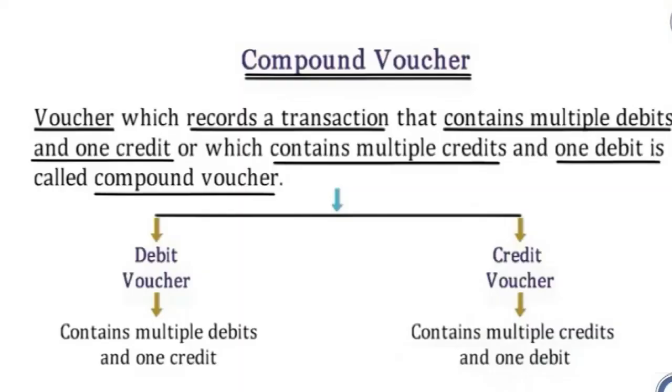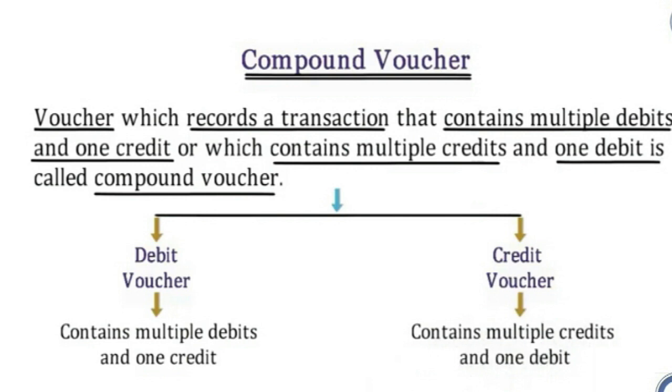Next is the compound voucher. The meaning of that is a voucher which records a transaction that contains multiple debits and one credit, or which contains multiple credits and one debit, is called a compound voucher.